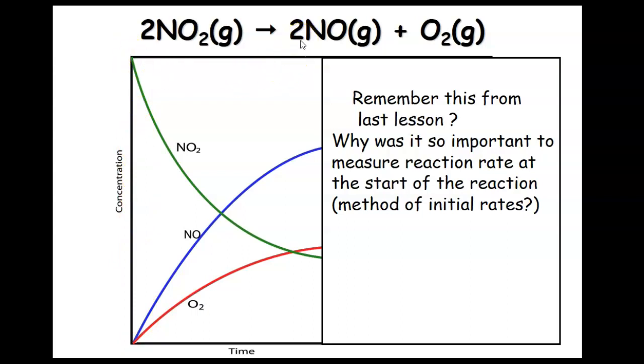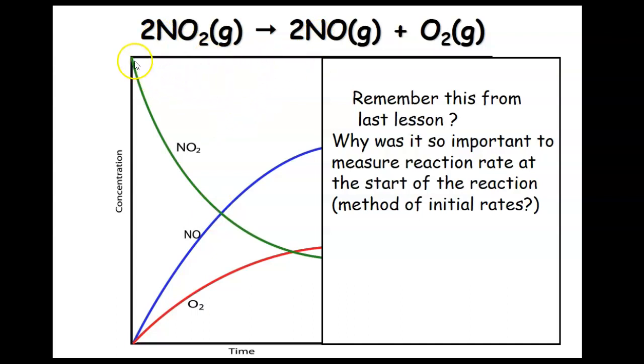But for NO and O2, the concentration is 0 before you start the reaction. The moment you start this reaction, the concentration of this, of course, reduces. As you break this down and you're forming this, it reduces the reactant but increases the product.